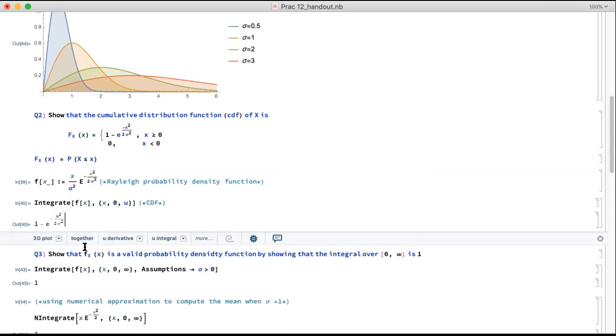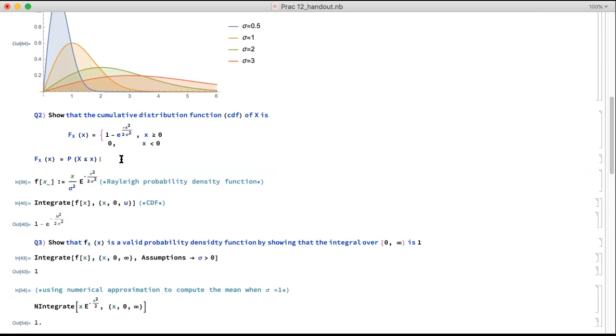Would you be able to derive this by hand using integration? What would be the bounds on the integral? Anyone?